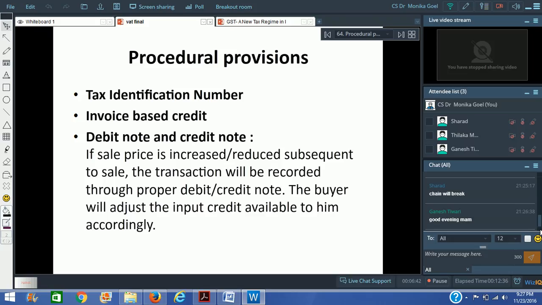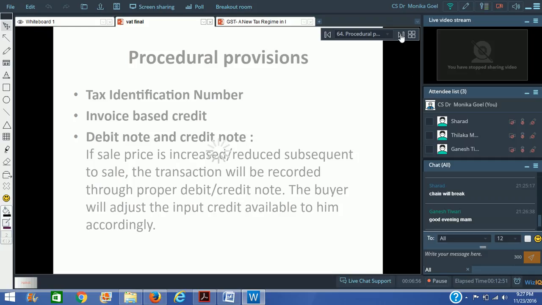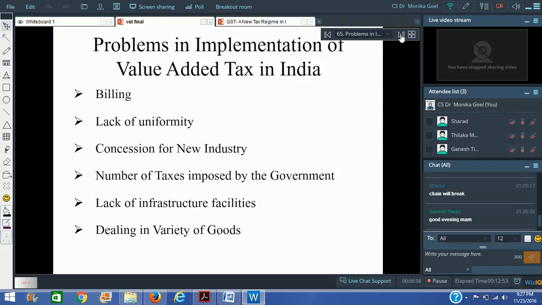Similarly, if the seller issues a credit note to the buyer, then the VAT amount will be accordingly adjusted. So the amount will be credited to the account of the buyer, and in the next month's liability of VAT, the seller can get it adjusted against his current month's liability.